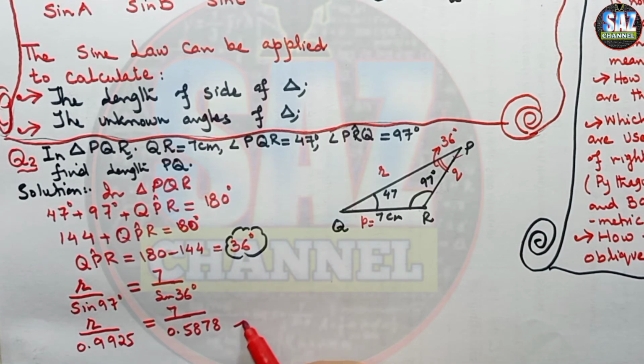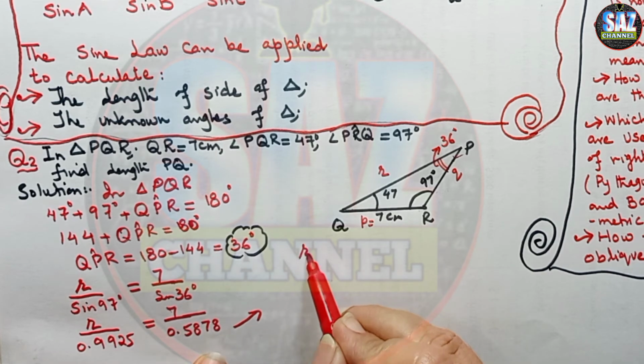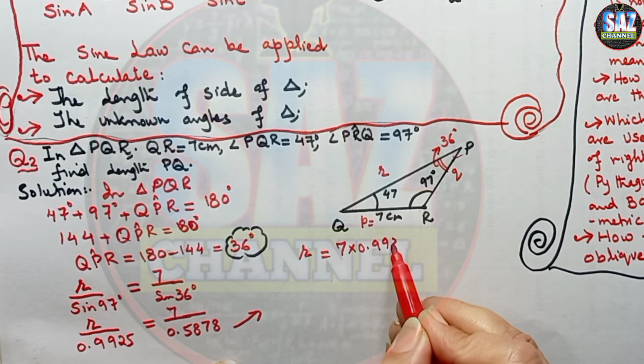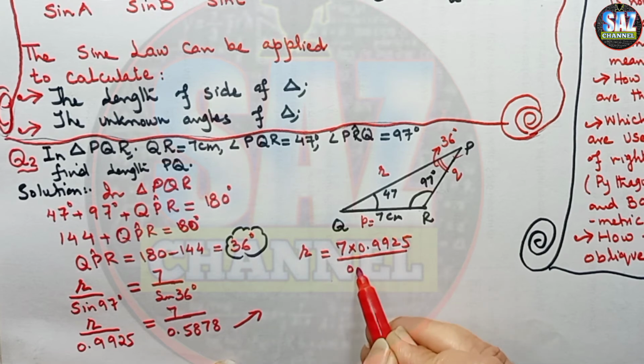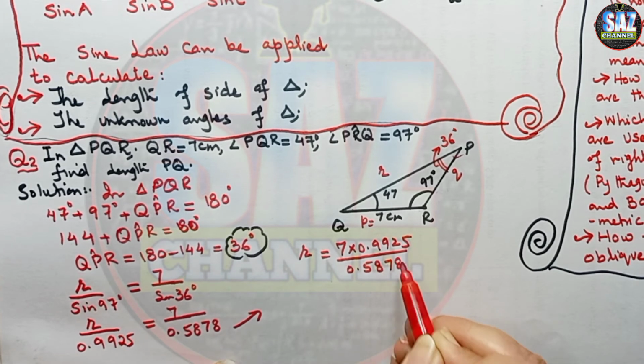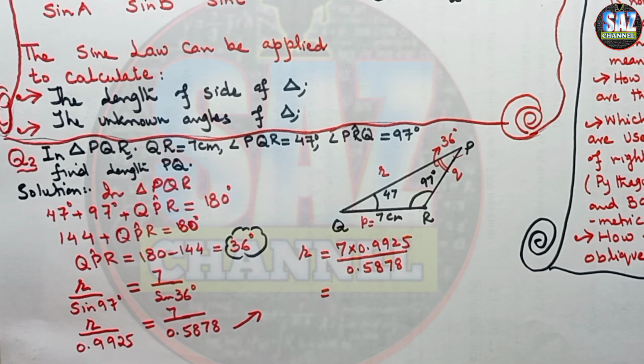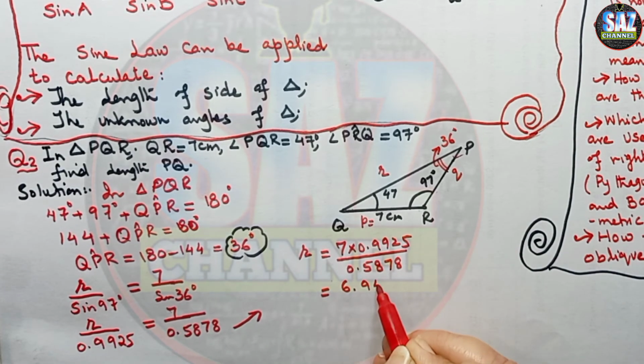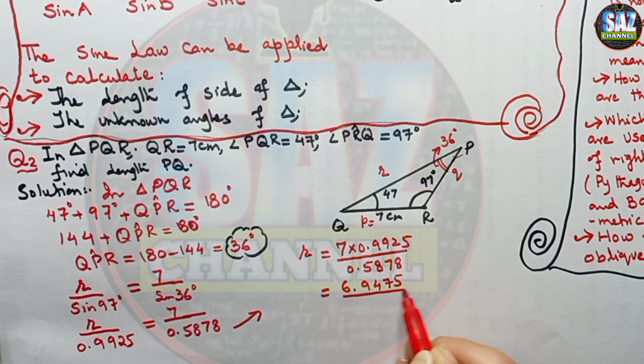Now let me move to this side. I can go for cross multiplication, or we can just bring 0.9925 to the other side, and my equation takes the form r equals 7 multiplied by 0.9925 upon 0.5878. 7 multiplied by 0.9925 gives me 6.9475 upon 0.5878.